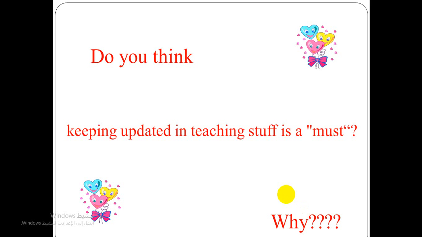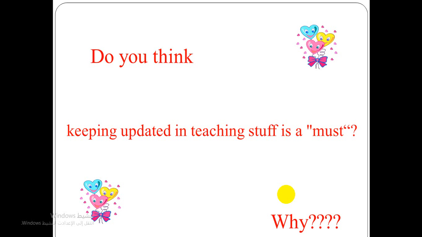Because I think it's impossible, or at least very difficult, to use only one method in an English class. Therefore, we use an eclectic approach by applying what we think is the best option to help our students.